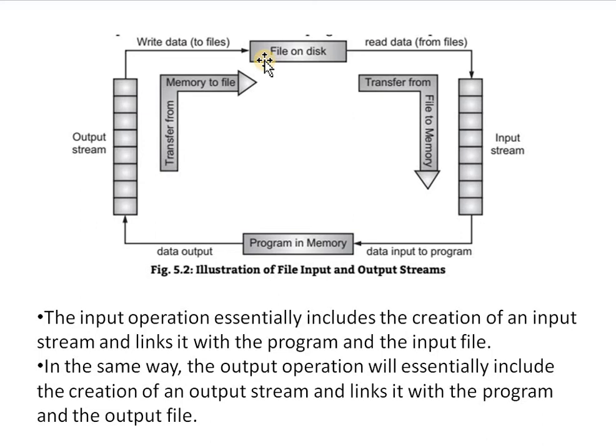Whenever any program requires the data from the file, at that time, by using the input stream, we input the data to the program, and the output data is transferred by using an output stream to again the file. This is the data transfer done between a file and our program.